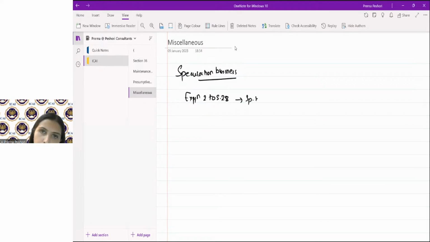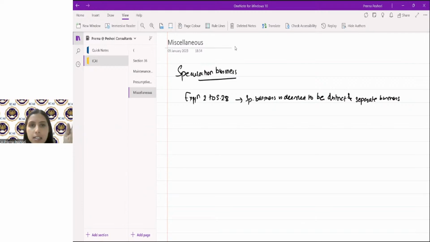So speculative business is deemed to be a distinct and separate business. Why? Because under section 73, the losses in the speculation business cannot be set off against the profits of any other business. It has to be set off only against the profits and gains of any speculative business.